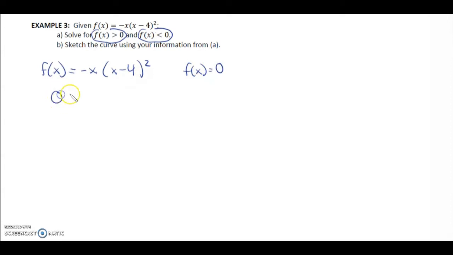So we have 0 equals -x, x minus 4 squared. Then we're going to branch these off. So we have a monomial, -x equals 0. Even if we divided both sides by -1, we're still going to get x equals 0.